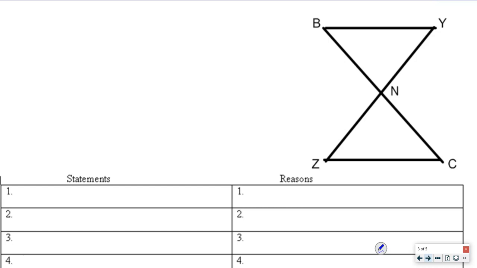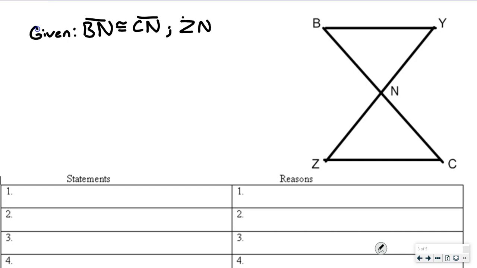All right, our second proof. You need to write down the given information and the congruent statement that we need to prove. So our given information is that BN is congruent to CN and ZN is congruent to YN.